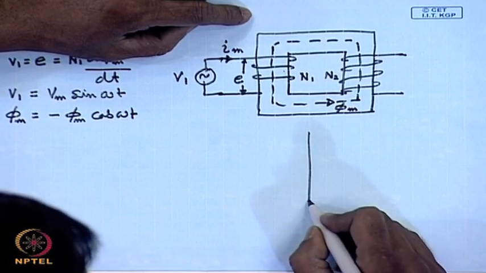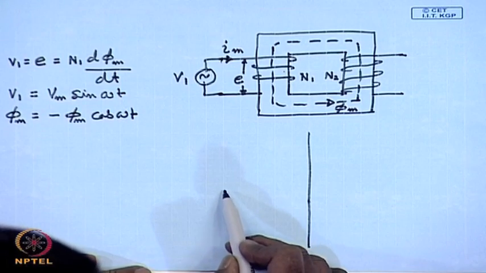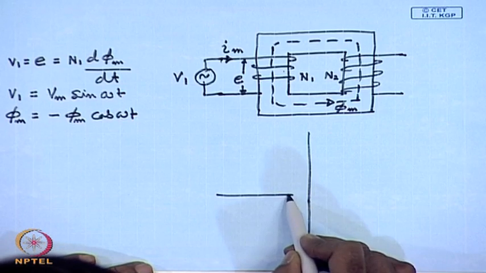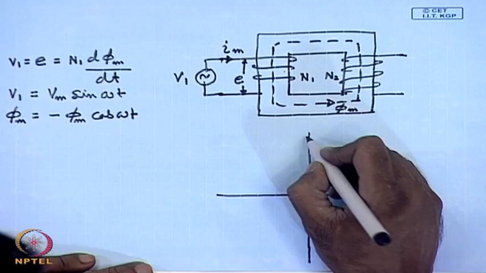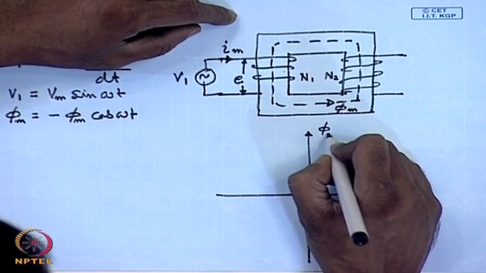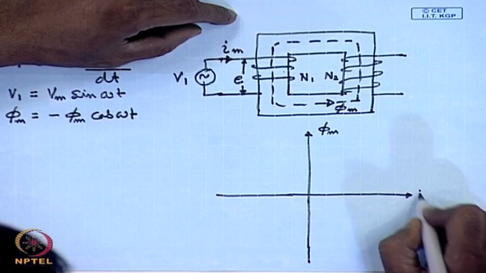So, we draw the flux versus magnetization current characteristics of the core, which is nothing but the BH characteristics of the core, but to a different scale. So, this is phi m and this is Im.